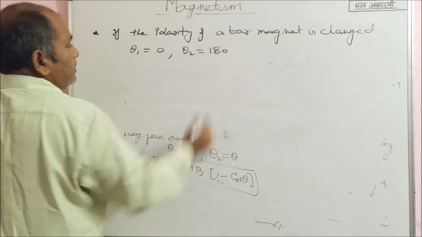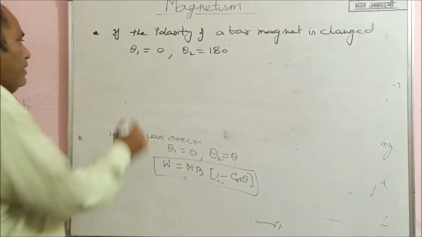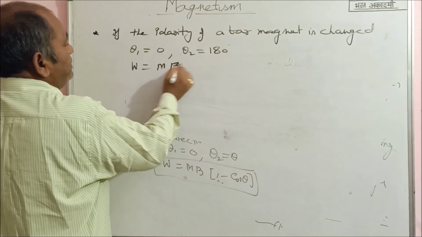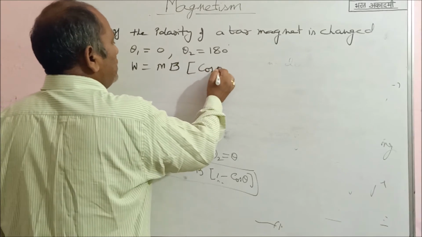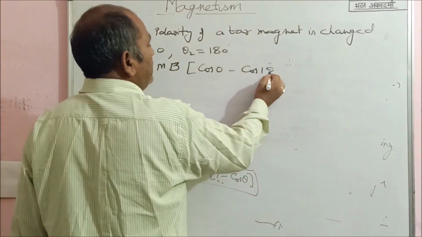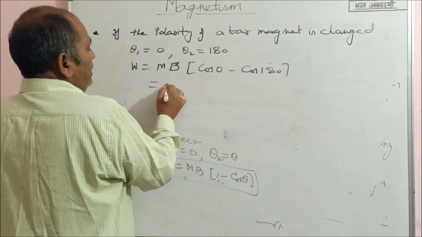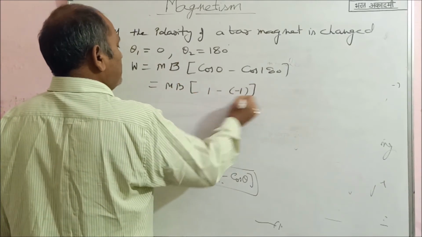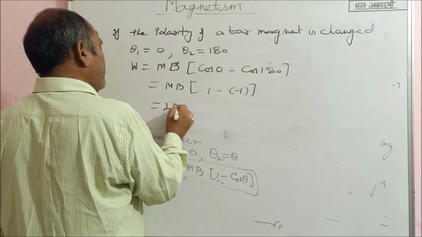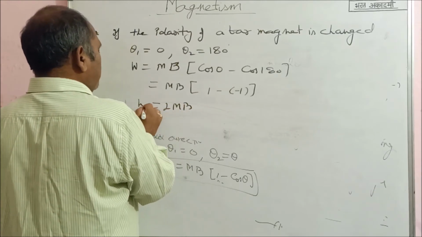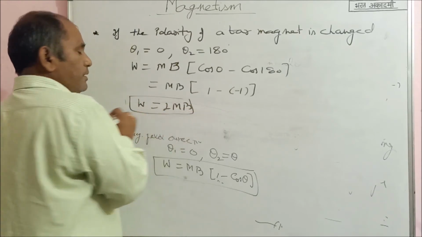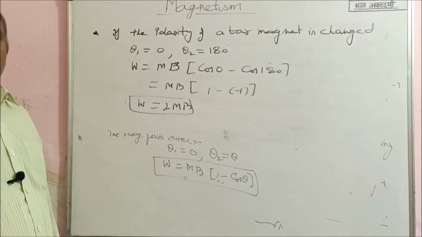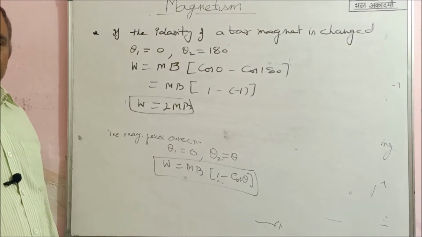We are changing the polarity, means theta 2 will become 180 degrees. So what will be W? mB (cos 0 minus cos 180), right? Cos 0 is 1 and this is minus 1, so it will become 2mB. This will be the work done to change the polarity of a bar magnet inside a uniform magnetic field. This is the work done, right?